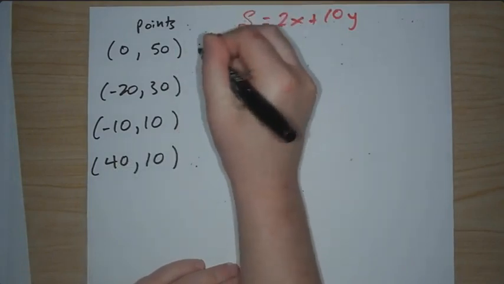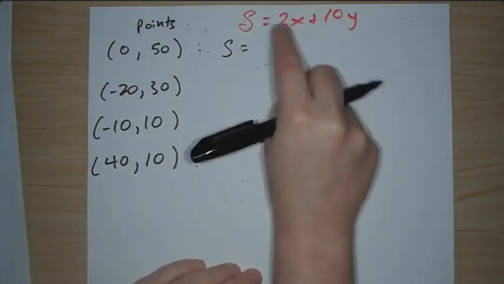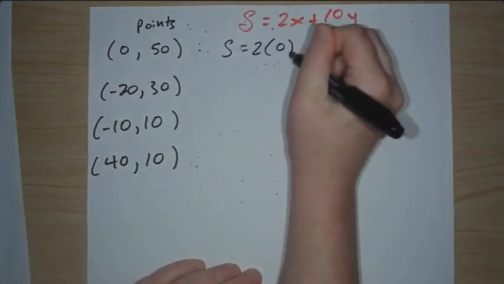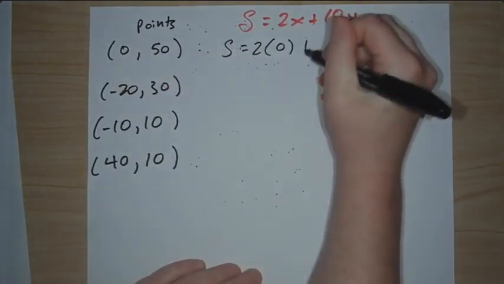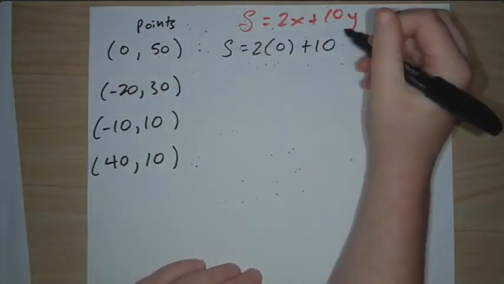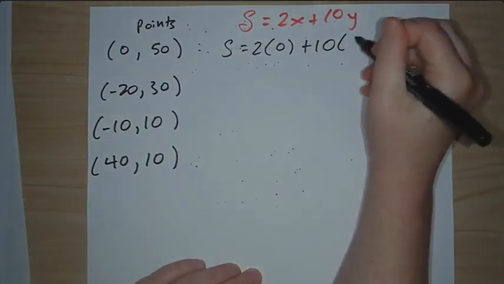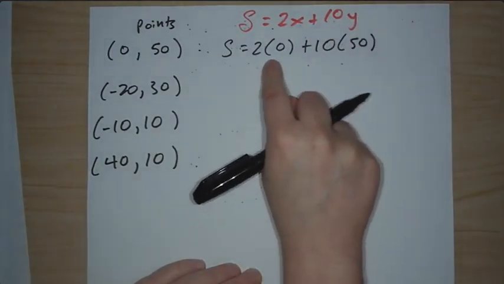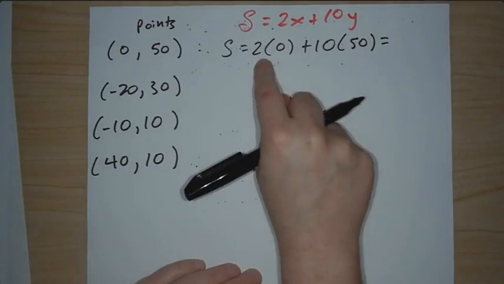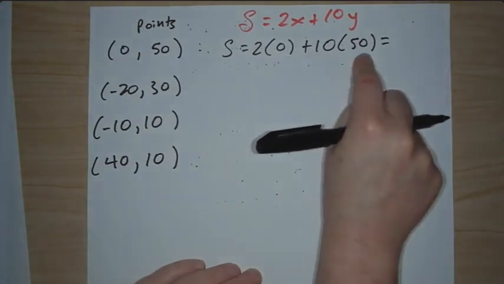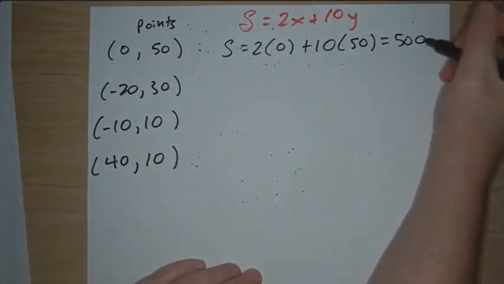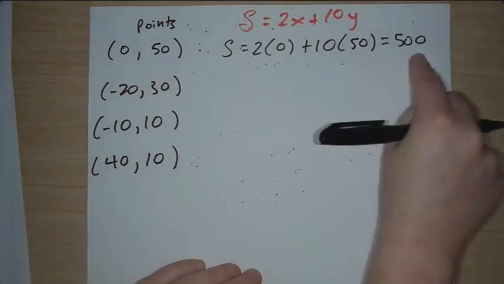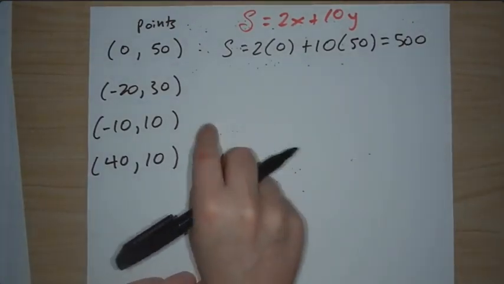For this first one, we have S is equal to 2 times 0, substituting x for 0, plus 10 times 50, substituting 50 for y. 2 times 0 is 0, 10 times 50 is 500. So we have S is equal to 500 for this first point.